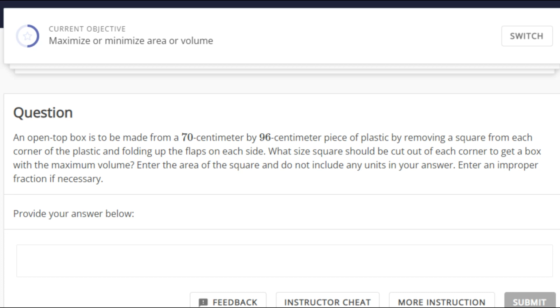An open top box, so that means it has 5 sides, is going to be made from a piece of plastic that's this big, 70 by 96, and they're going to do this by cutting a square out of the 4 corners of that plastic sheet. So we have a piece of plastic.